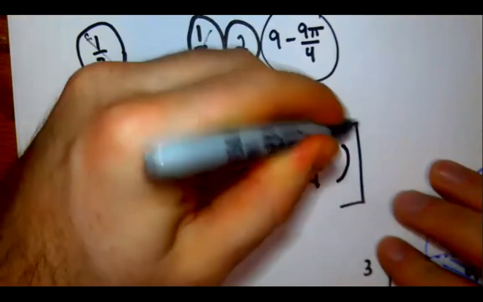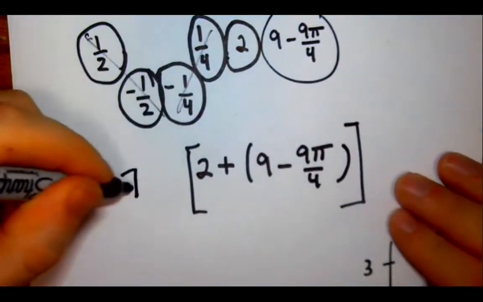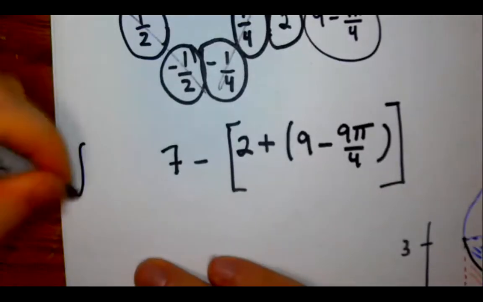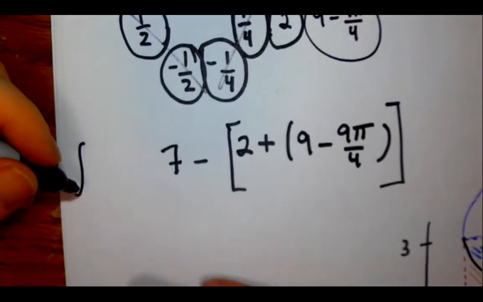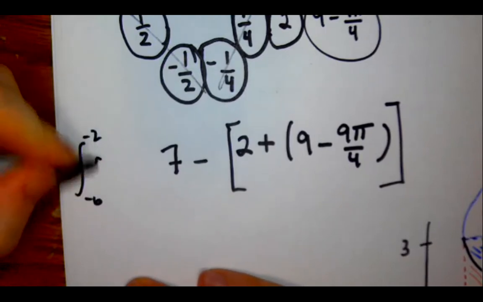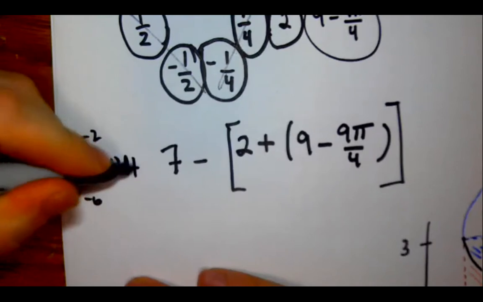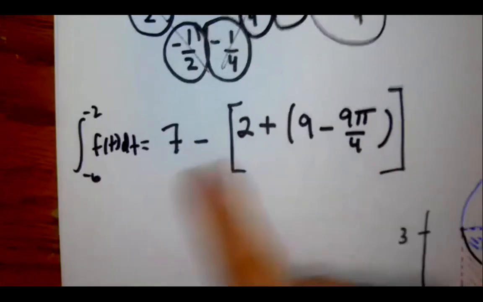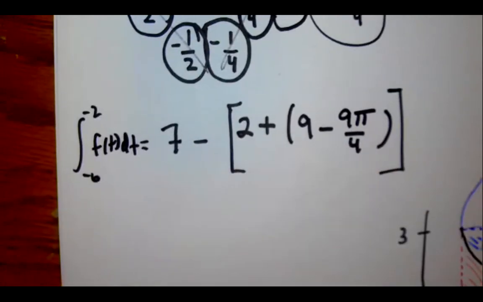Here's how I'm going to write it, and then here's how I'm going to write my answer. That right there is what the integral from -6 to -2 of f of t dt is equal to. Because remember, once you're down to math, you don't have to simplify it. We could make this cleaner, but they'll give you credit for that.